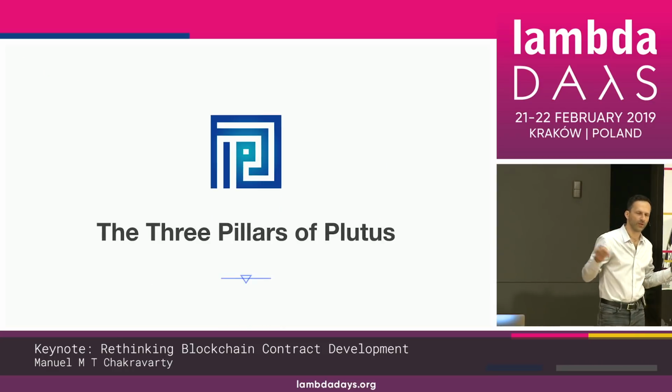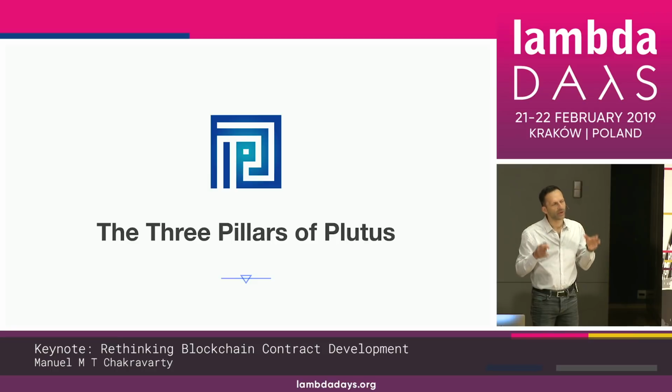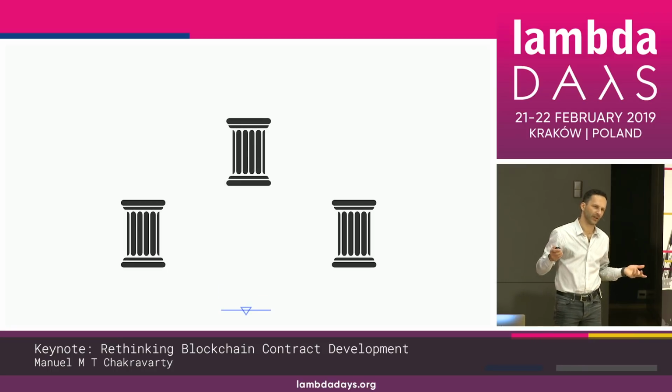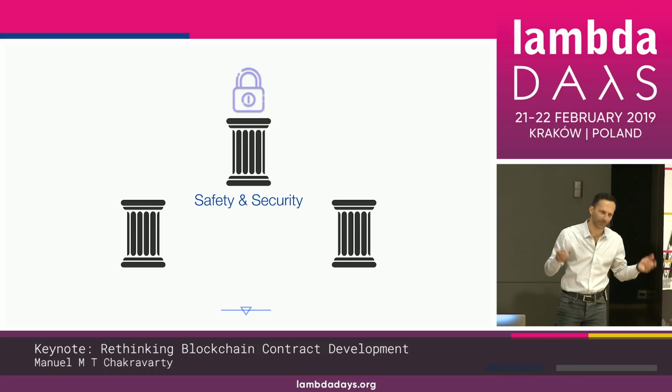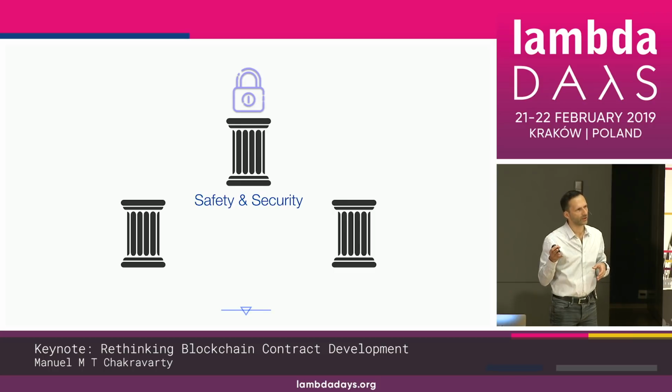So the system is called Plutus, and it's built on three premises. Number one, and if you know me, I'm going on about this all the time: this functional programming thing. This is really the core of not only our development methodology, but also the programming approach here.